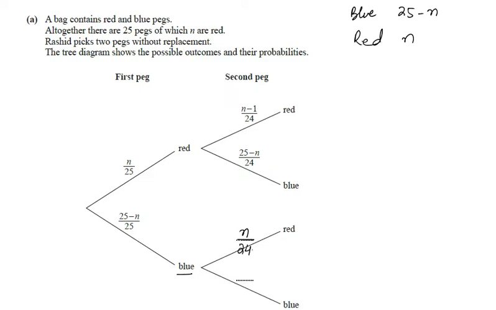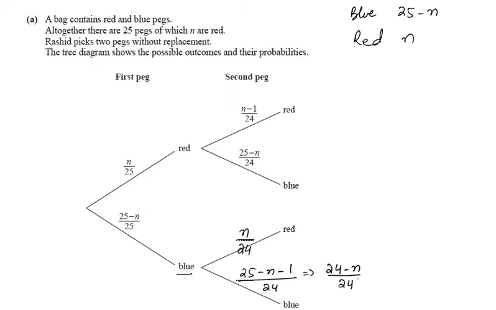Now after blue, when we select blue again, we will reduce both numerator and denominator. So 25 minus n minus 1 upon 24. When we simplify this, 25 minus 1 is 24, minus n upon 24. So this is the probability of the second blue bag.